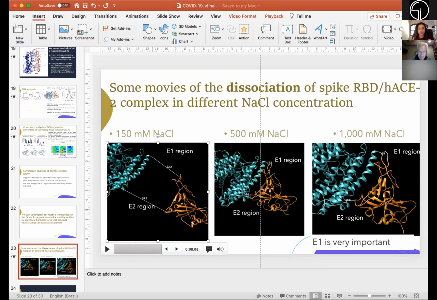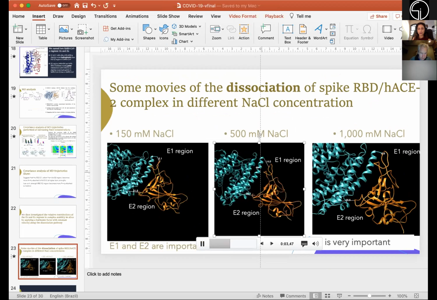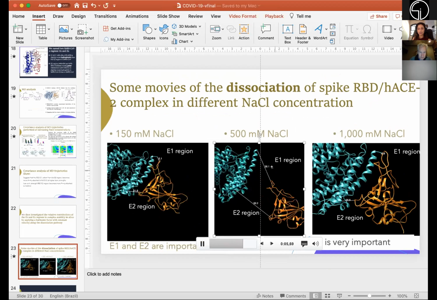At 150 millimolar, while when you do it in 500 millimolar salt, both regions open almost at the same time.